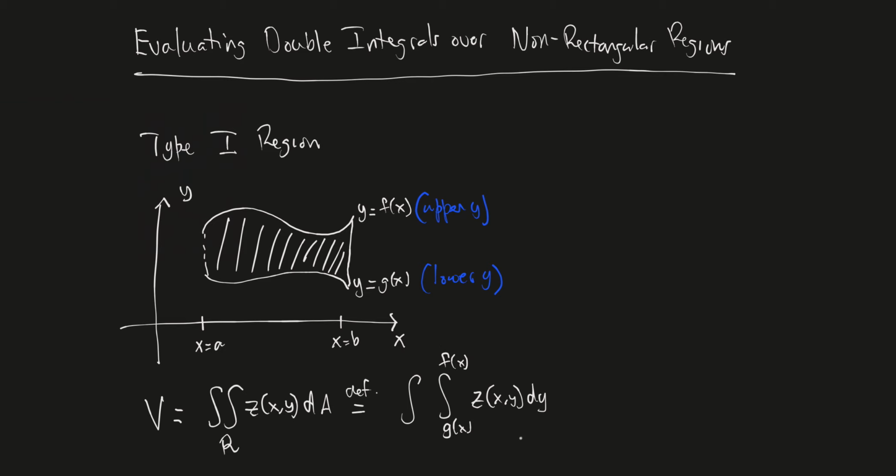This whole inner part is going to be in terms of x, and then you do one more integral as x goes from a to b. That's the definition for a type 1 double integral, where at least one of your y limits is a variable and both your x limits are constants.